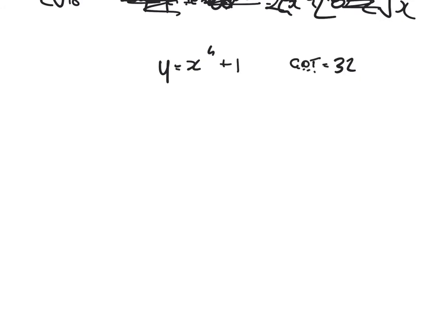Find the point of contact of the tangent. This question has already given me the gradient of the tangent. To differentiate is to find the gradient, which would be 4x cubed, but I already know that result, which is 32, because the question's given me that. What the question's looking for is the point of contact.